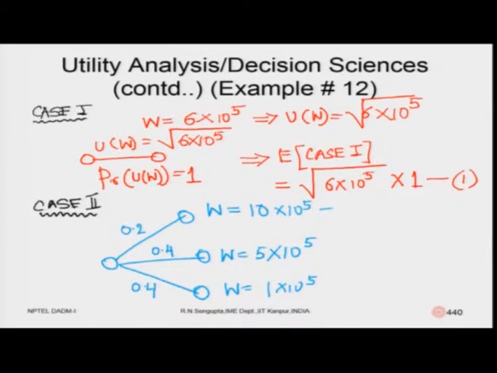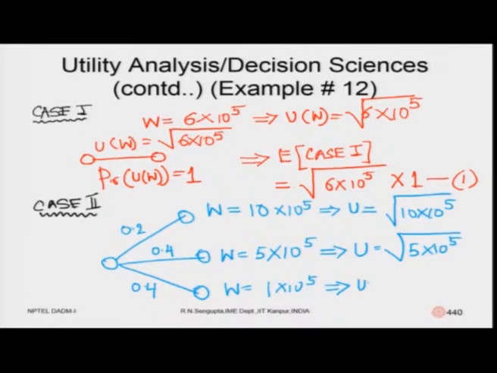So, which will imply the utility, I am only writing U, because space is limited. So, the utility will be equal to square root of 10 into 10 to the power 5, the utility is equal to square root of 5 into 10 to the power 5, and the utility is equal to square root of 1 into 10 to the power 5.